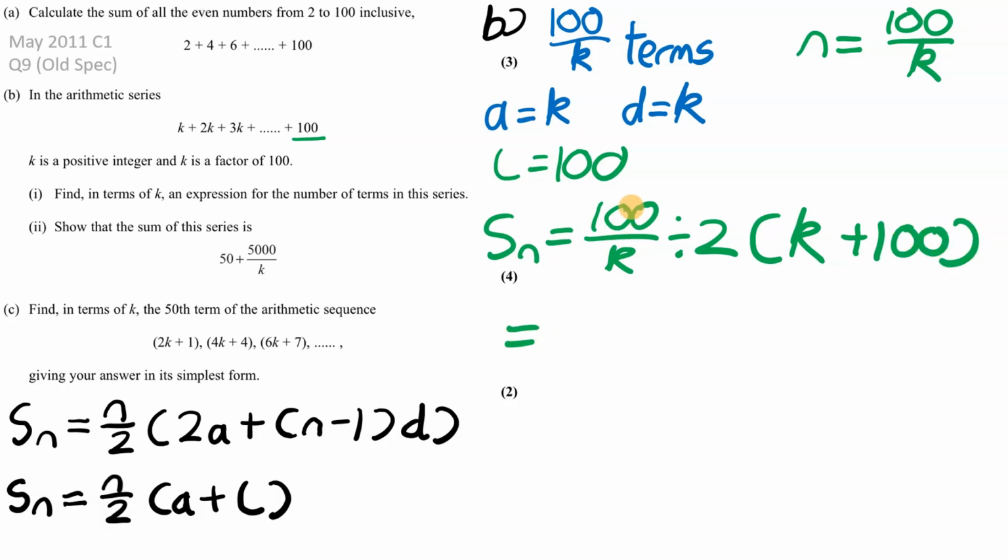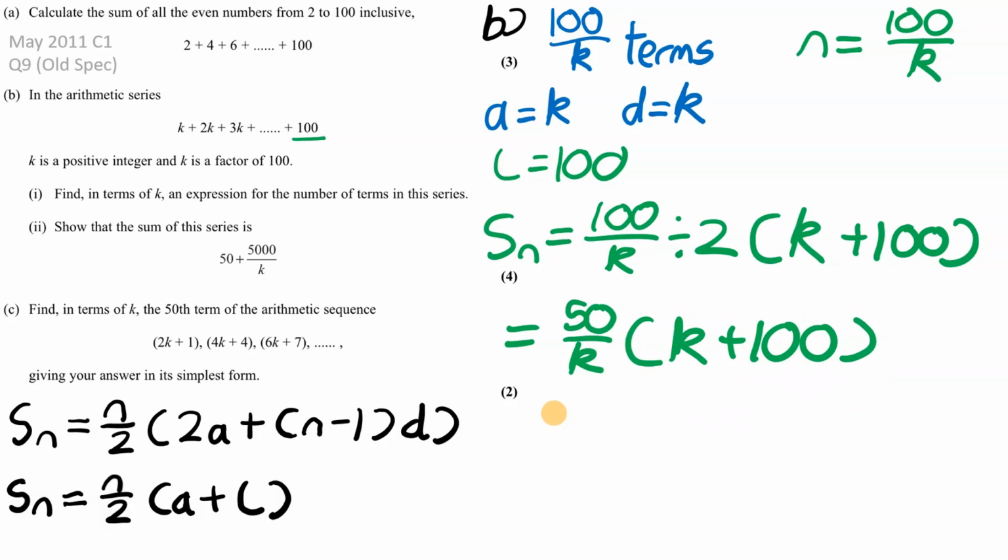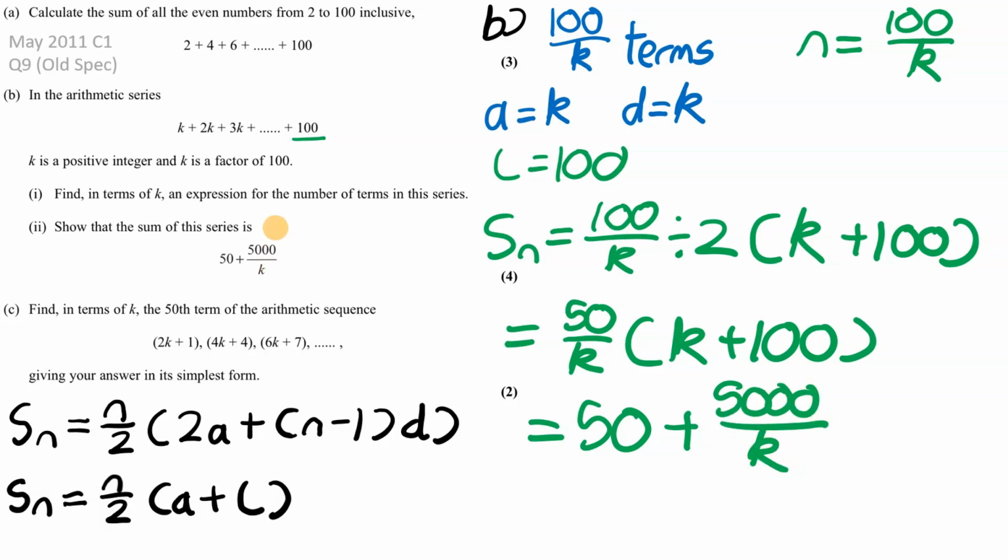If we simplify this, we have 100 over k divided by 2, so 100 divided by 2 is 50, so this is 50 over k, and then we have the (k plus 100), and then if we expand this here, we've got this 50 over k times k, so this will cancel out the denominator and leave us with 50, and then this is plus 50 over k multiplied by 100, which is 5,000 over k, like this here, which is what's required.